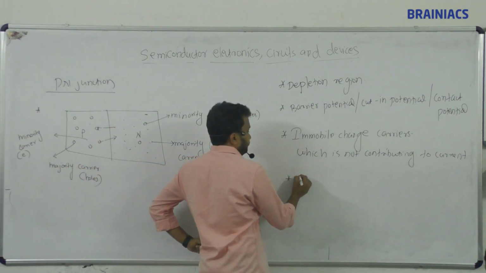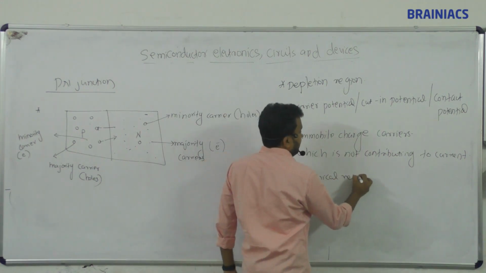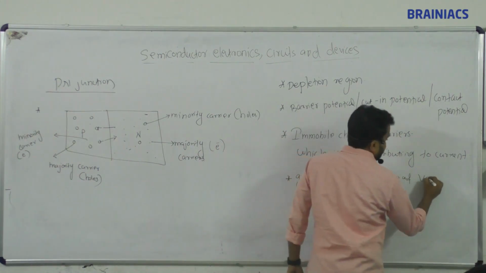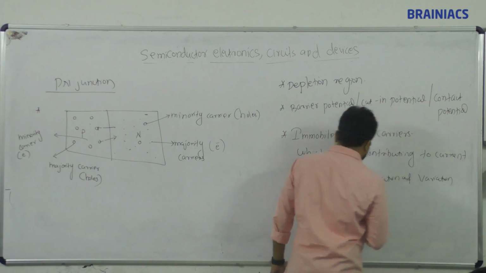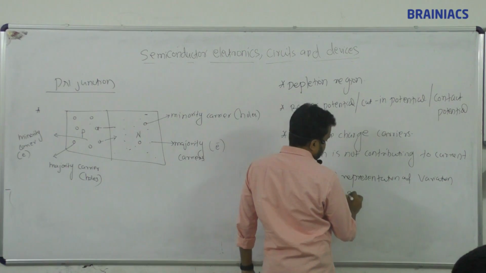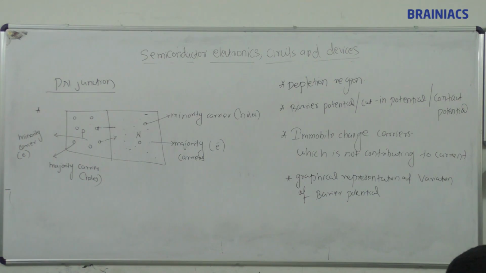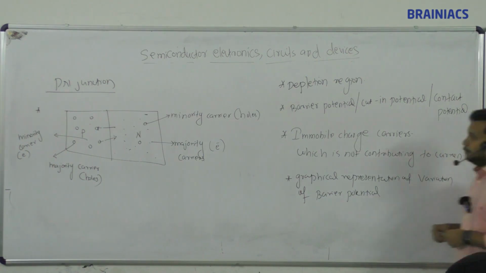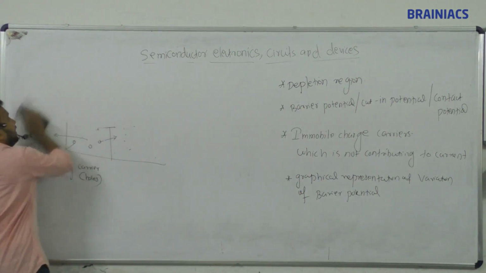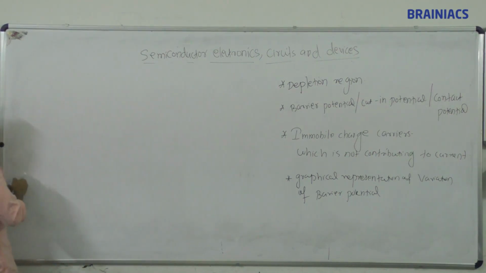Next one, graphical representation of variation of barrier potential. So at the PN junction, will the voltage be higher at the P side or the N side?